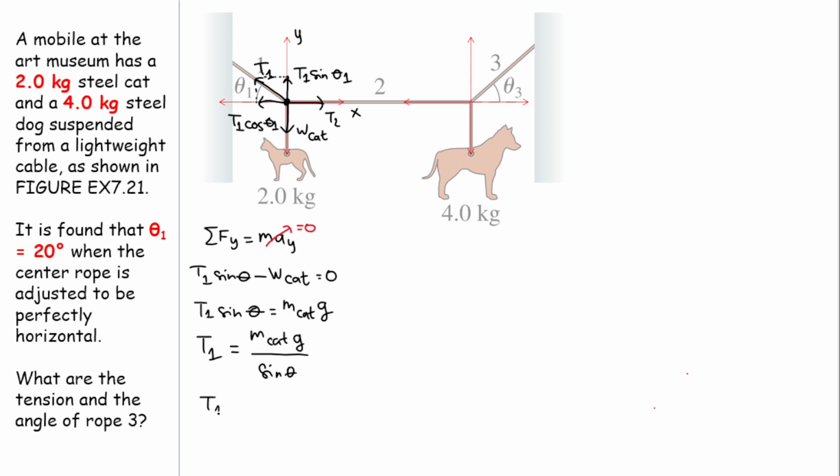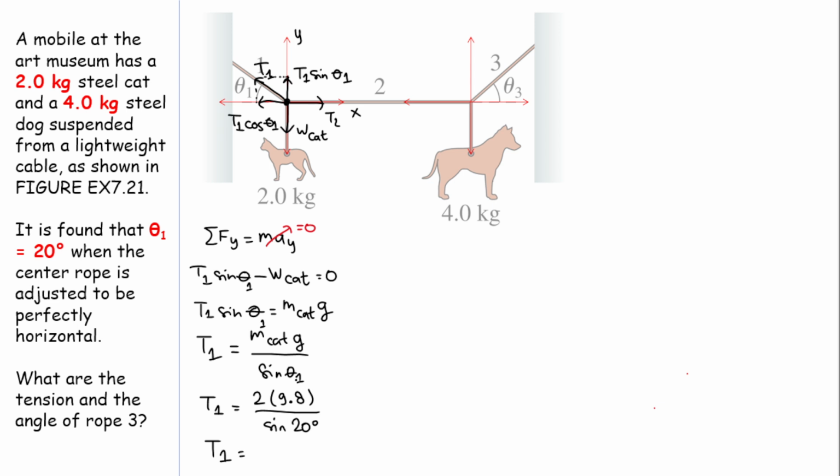So for T1 here, I will have the mass of the cat, that will be 2 kilograms, and then g is 9.8, divided by sine of theta, where this theta is theta 1, which is 20 degrees. So I'll have sine of 20 degrees. Good. So we'll have the tension T1.